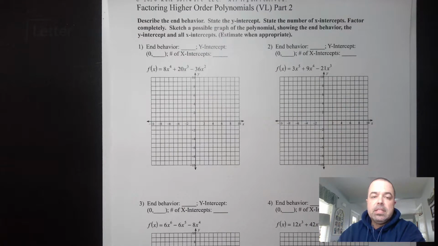It's really important that you are keeping up with the material as we go through it. Alright, so I want to take a few minutes and go over last week's assignment, Factoring Higher Polynomials, Part 2. If you remember, once we pull out the greatest common factor, what's left is a quadratic, but it's not factorable, meaning we can't use the box method or any of the other methods that we typically have.